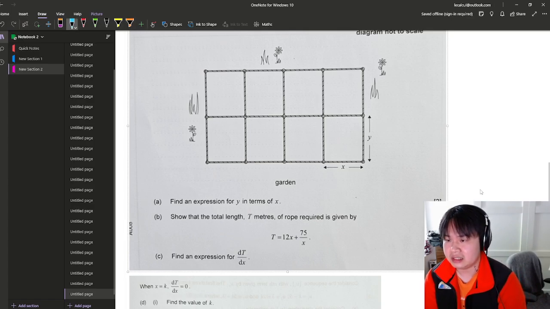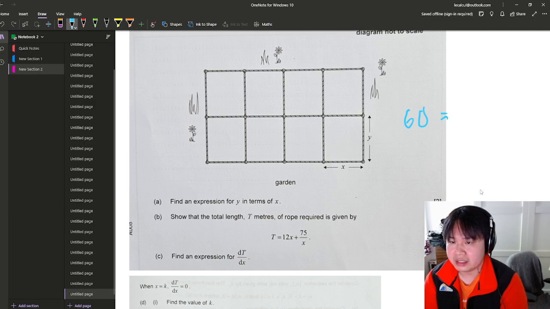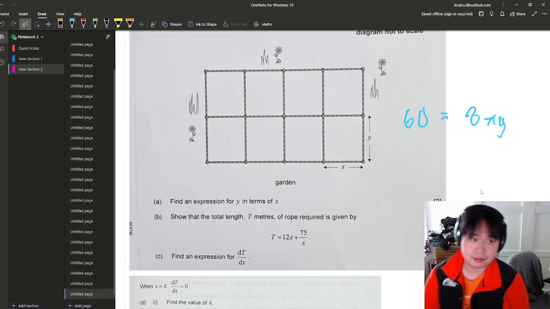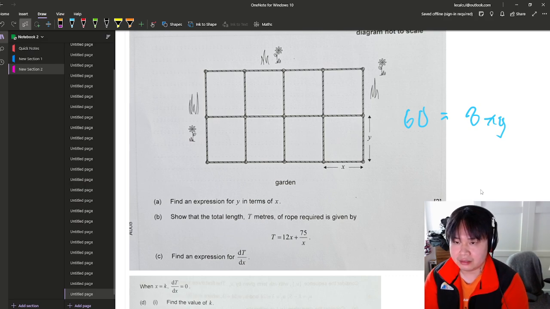Okay, so that's easy enough. We know that the total area needs to be 60. We know that there's 8 identical rectangles, so x times y is the area of one rectangle, and we have 8 of them. So 8 times x times y should be 60, and then they want to solve this for y in terms of x.